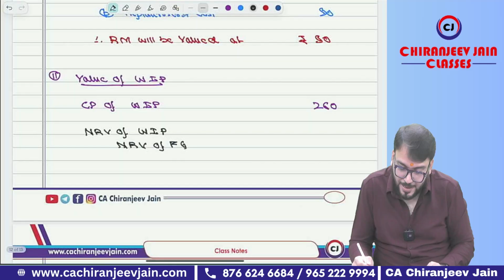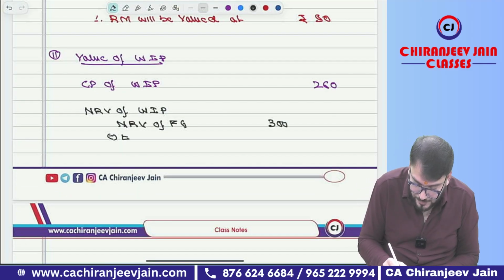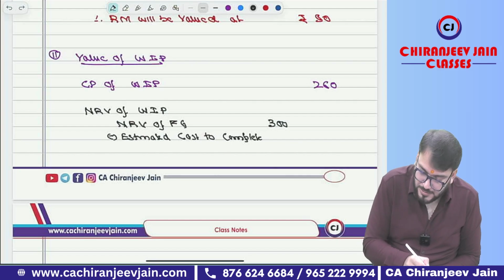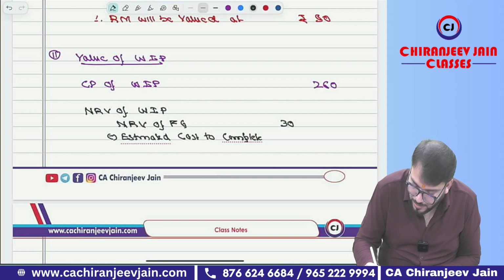We already have 300. From this we minus the estimated cost to complete. What is the estimated cost to complete?